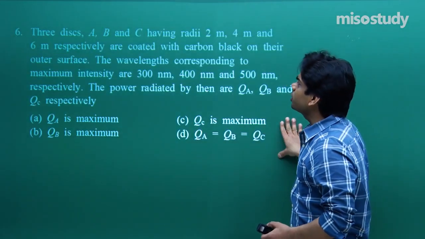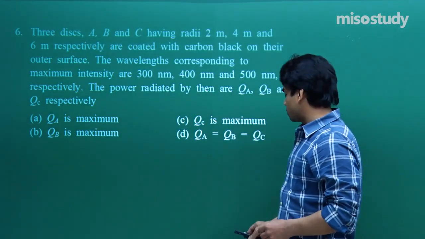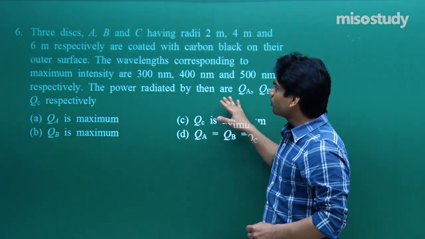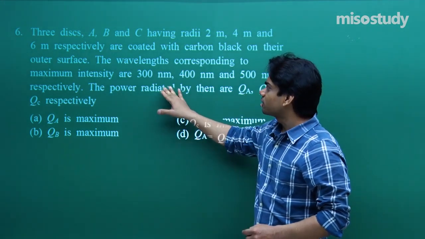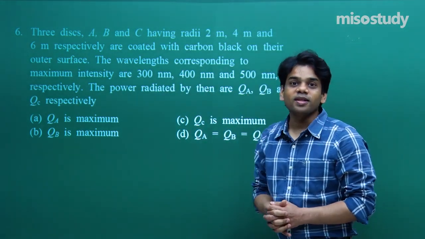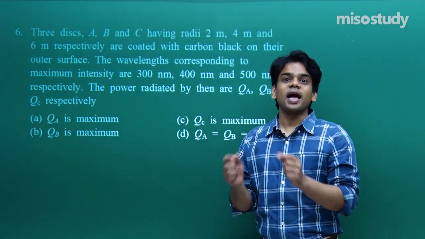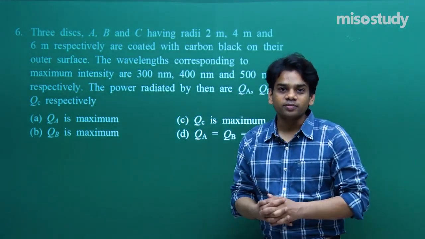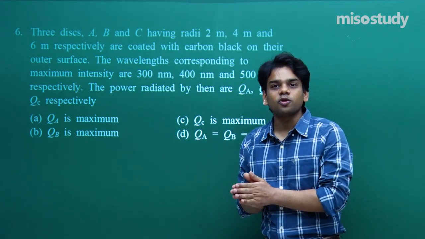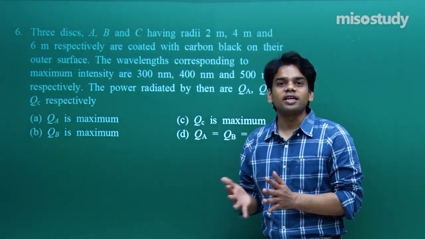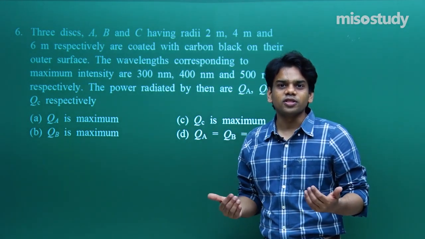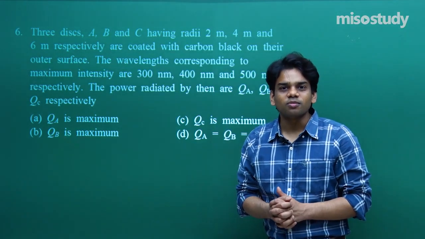3 discs A, B, C have radii 2 meter, 4 meter and 6 meter respectively and are coated with carbon black on their outer surface. The wavelengths corresponding to maximum intensity are 300 nanometer, 400 nanometer and 500 nanometer. So it's given that you have 3 discs coated with black, which means they are acting like a black body. That means you can use, as per Wien's displacement law, lambda m into T equals B, that's a constant, and you can also use the power emitted, that is the rate of energy emitted by the surface, which is sigma A T to the power 4.